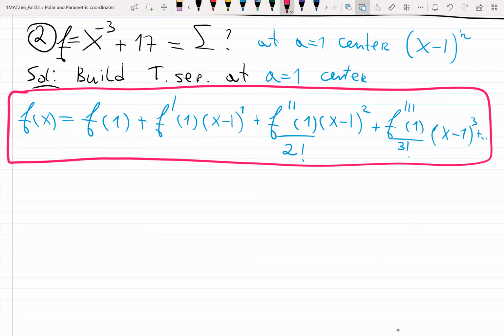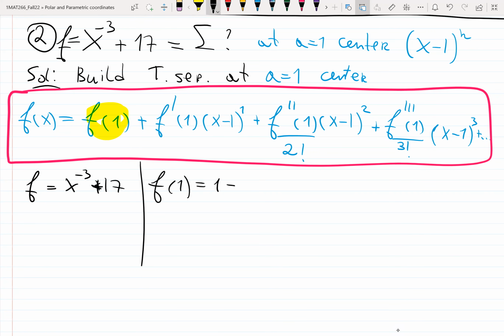Yes. So now we have that. Let's start building it. First we need the original function at 1. Students can write it down right away, but I like to write f is x minus 3 plus 17. So f at 1 will be 1 plus 17, which is 18.